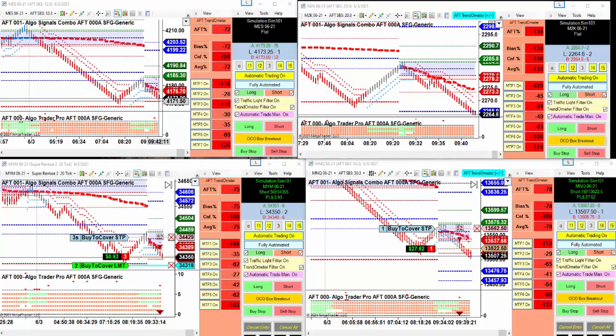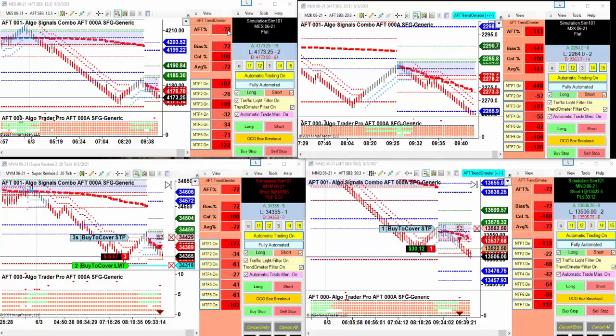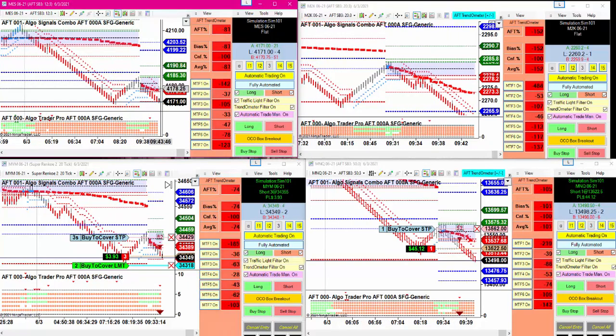You are outside of the no trade zone. AFT now is minus 71. So we'll see if that generates a short signal here. But no short trade in ES. But short the MYM and MNQ.